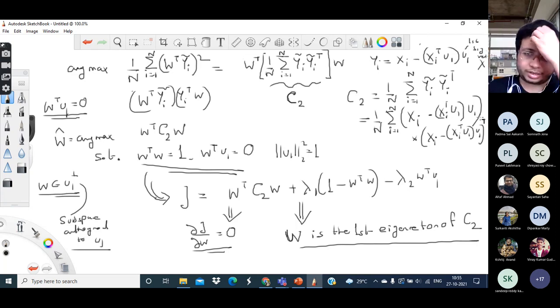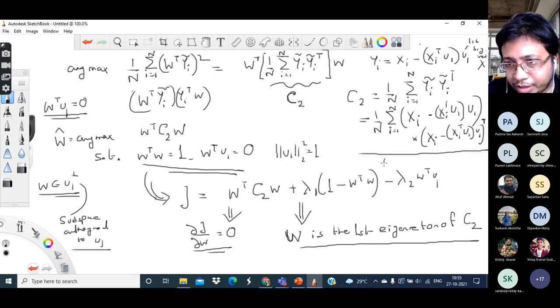Here you can carry out some amount of mathematical manipulation. This part I am leaving as an exercise for you to simplify.